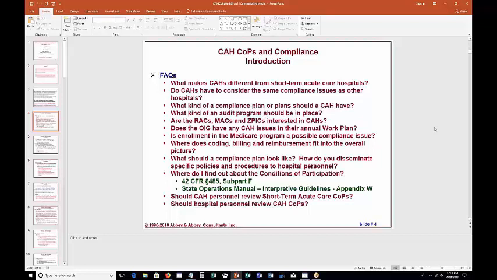So, what does that mean to you? If you're in a critical access hospital, it means you must understand the conditions of participation of a short-term acute care hospital, and then also know about your own CAH conditions of participation. So it's really an added burden.